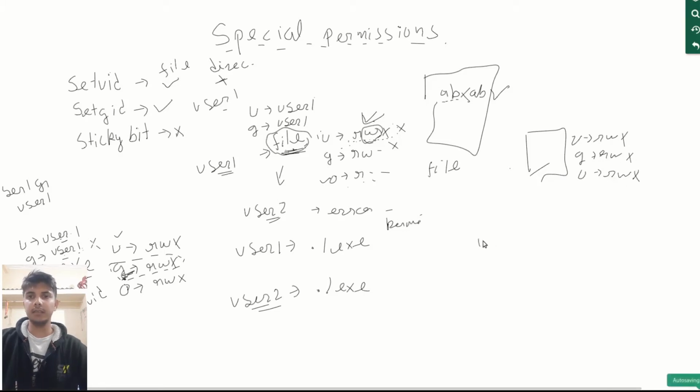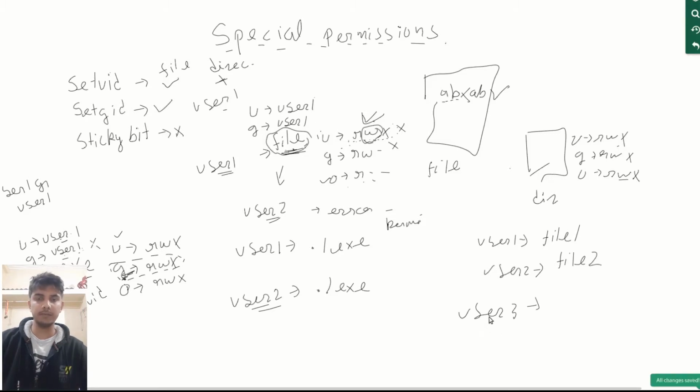Now let's say user1 goes inside that directory and creates a file named file1. Similarly, user2 goes there and creates a file named file2. Now let's say there is a user3, and currently, if you see the permission, we have given write permission to everyone. So user3 also has the write permission.